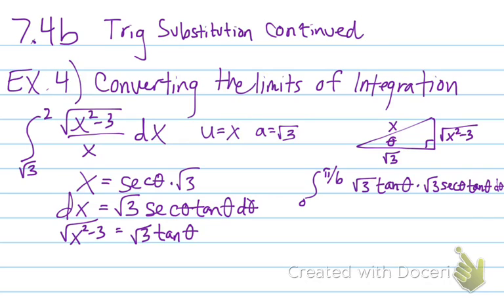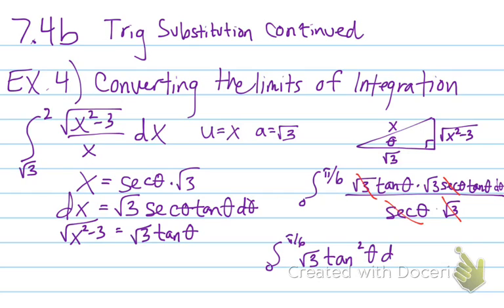And on the bottom I have x, and x equals secant theta times the square root of 3. So if I'm looking for things that cancel, I have the square root of 3, the square root of 3, secant theta, secant theta. So I'm left with the integral from 0 to pi over 6 of root 3 tangent squared theta d theta.